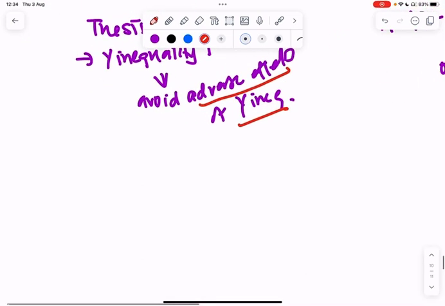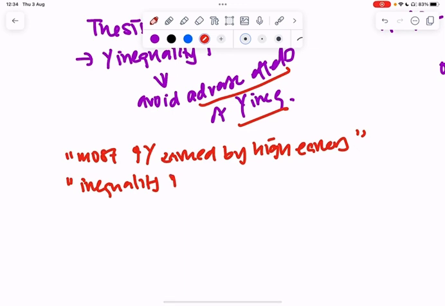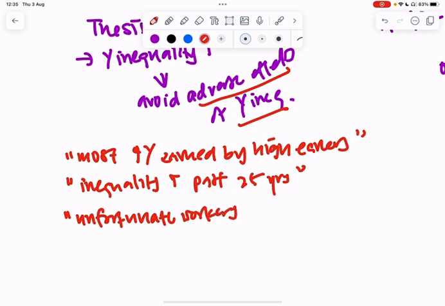We highlighted that most of the increase in income is earned by high earners. So this is in extract 4, and then we know extract 7 states that inequality in income has increased in the past 25 years, or even the part where unfortunate workers are getting displaced because of technological disruptions.